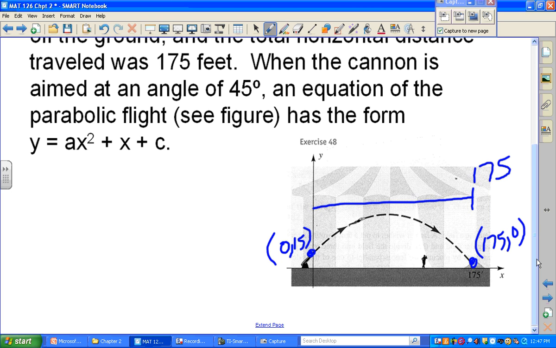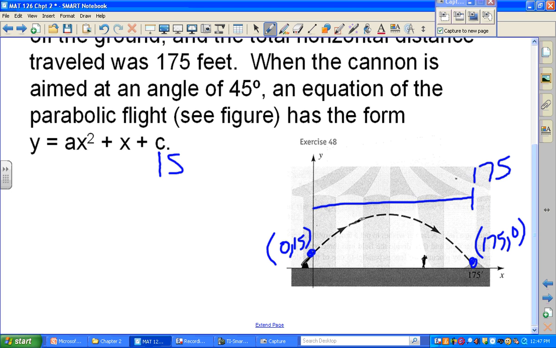Okay, C is going to be 15. Why would it be 15? Well, if I put 0 in for x, y has to equal 15. See how that works? I used one point and found C was 15.